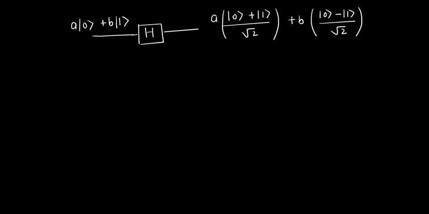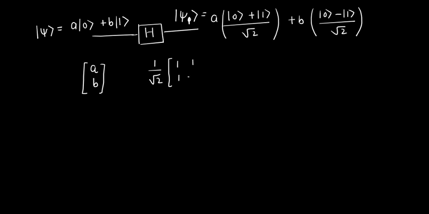Therefore, for any general qubit with the state A ket 0 plus B ket 1, when the Hadamard gate is applied over it, we can write the output like this. You can call it phi. Equivalently, if you want to see the same operation using the matrix notation, H is a unitary operator, so we can represent it as a unitary matrix.